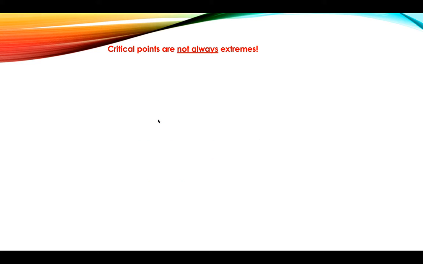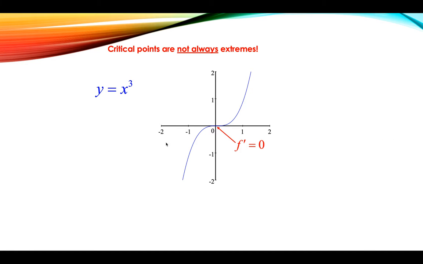Critical points are not always extremes. Right here, y equals x cubed, the first derivative f prime equals 3x squared, and so that's going to equal 0 at 0. Here's a case where the critical point is not an extreme.